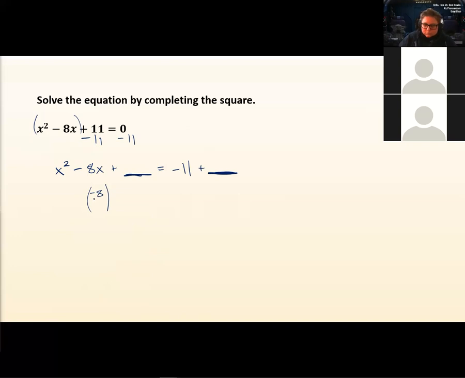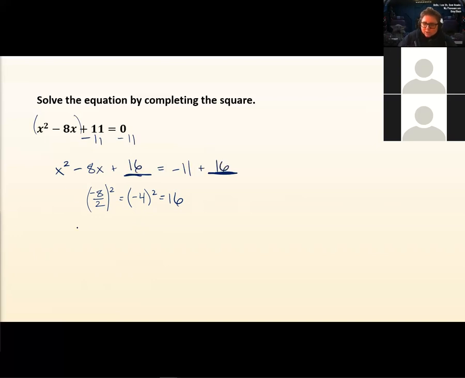Divided by 2, just squaring it. Yep, divide by 2 and square. So -8 divided by 2 is what? -4. And -4 squared is 16. So we're going to add 16 to both sides.